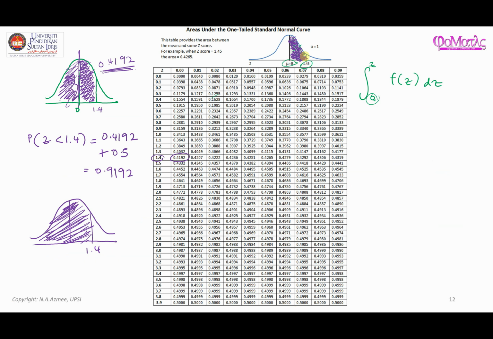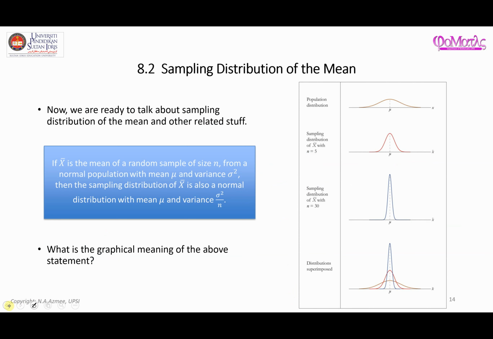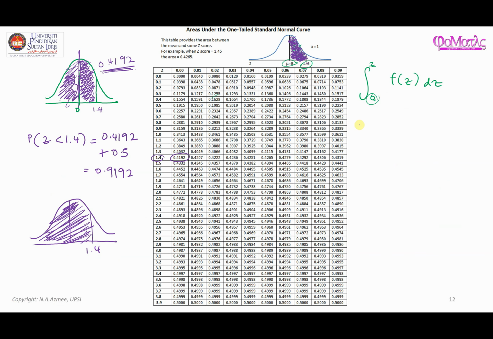The table here gives the shaded area in between 0 and some value. I would like to find some value, and I know the area here. So I can just go and find where 0.3 is inside this table.